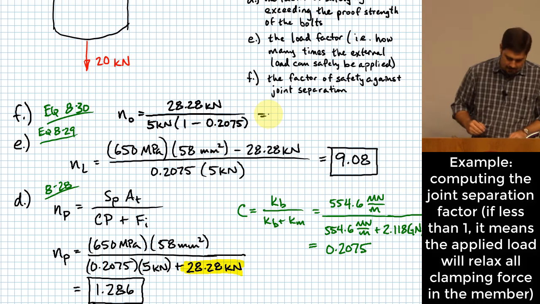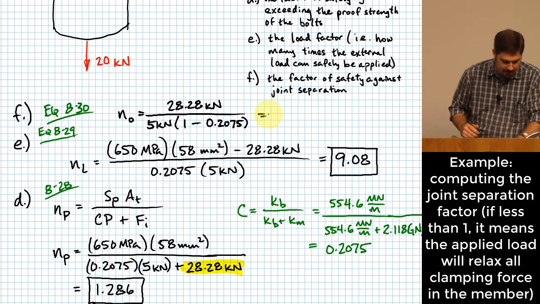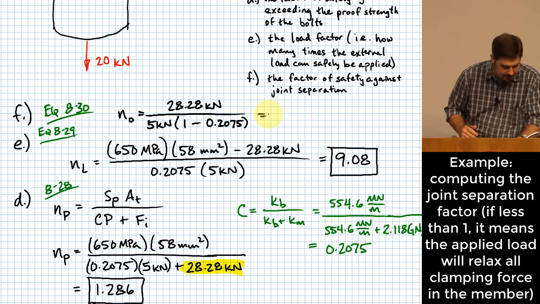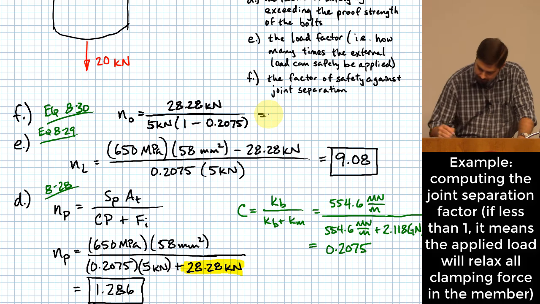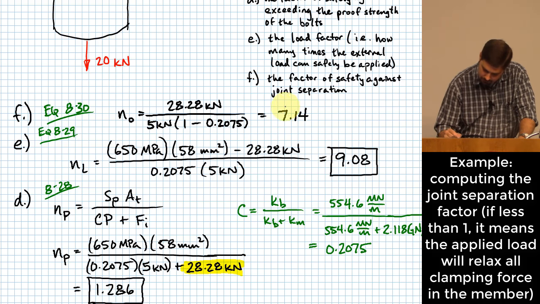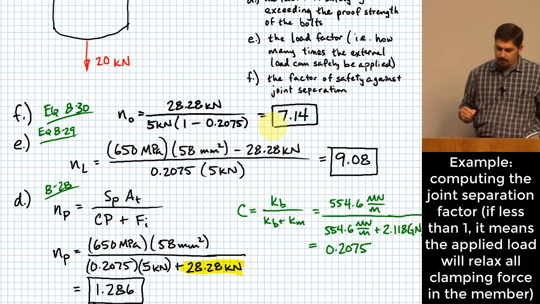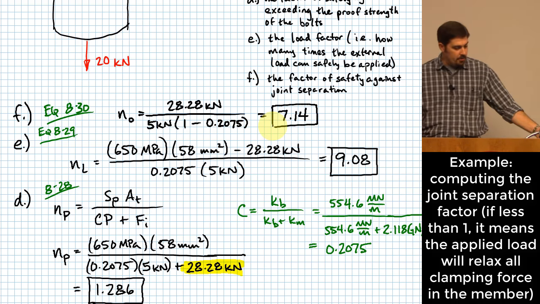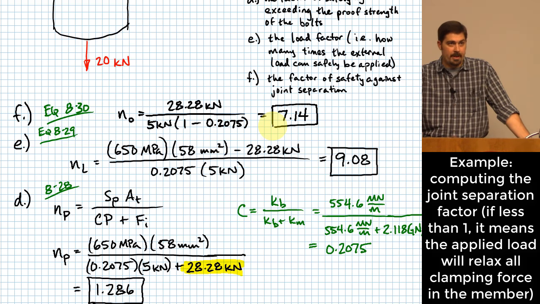When we punch those in, this ends up giving us a joint separation factor equal to 7.14. The fact that that's greater than 1 means that with the load we apply on there, it won't separate.